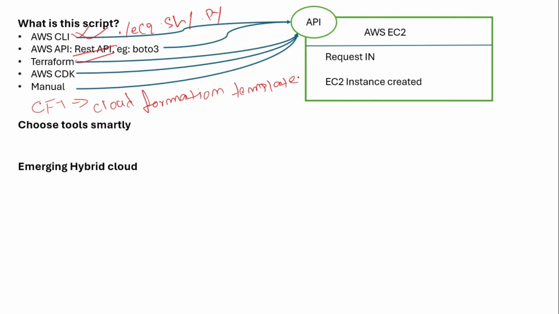Now, you see one thing: the AWS CLI, the AWS API, and CFT are all native to AWS. These are not cloud agnostic. But Terraform is cloud agnostic. Terraform is capable of creating your resources across any cloud vendor you can think about.